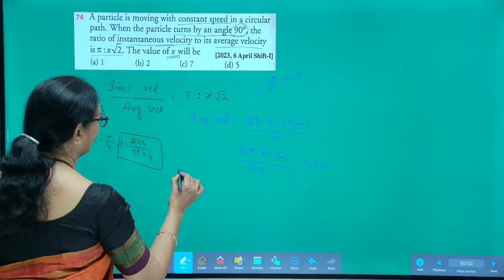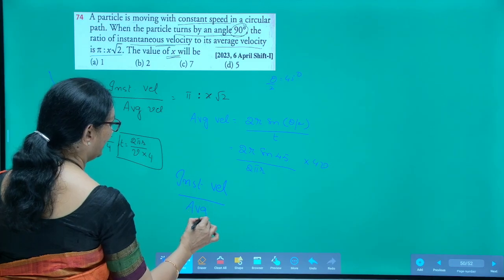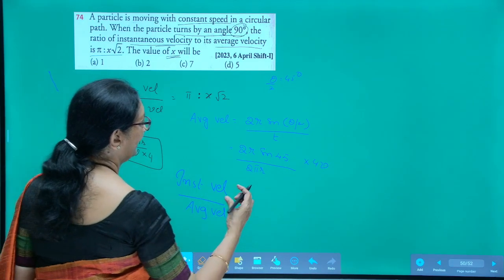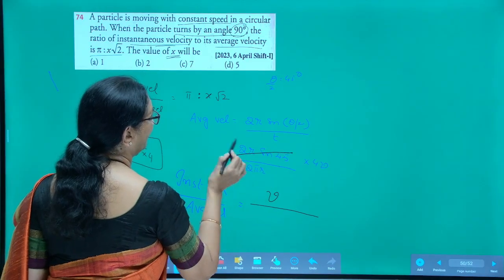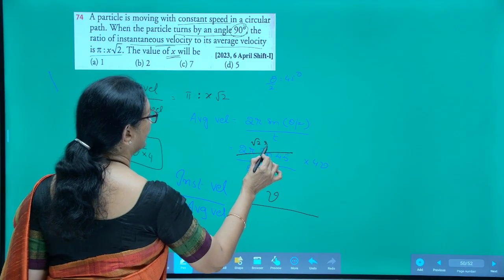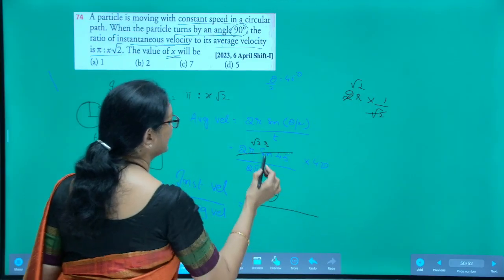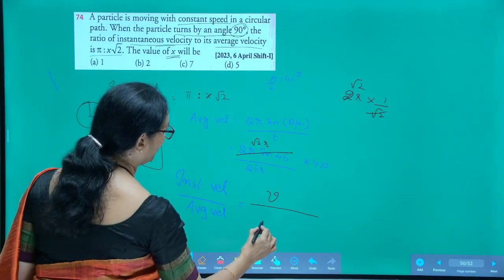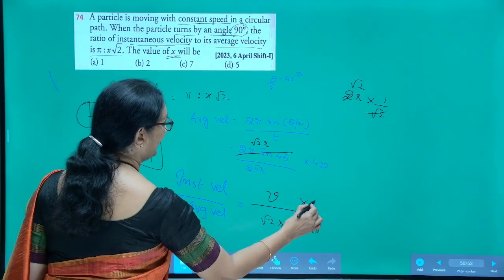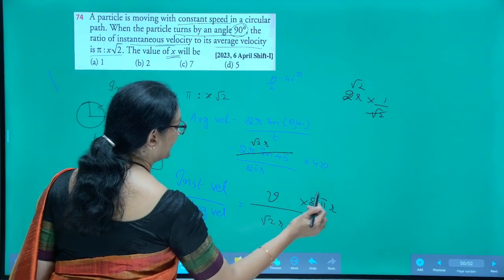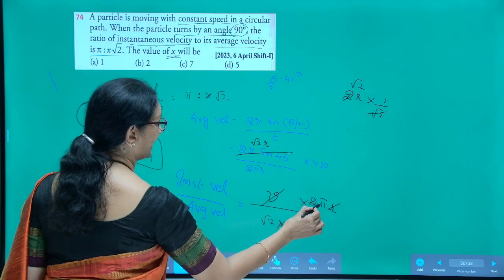So instantaneous velocity by average velocity is equal to v divided by 2r sin 45, which is root 2 r, because sin 45 is 1 by root 2, so that is root 2 r. So root 2 r into 4v divided by 2 pi r. So this r and this r get cancelled, this v and this v get cancelled.